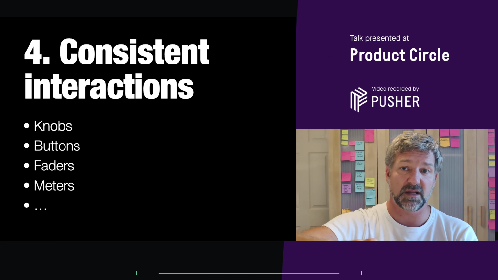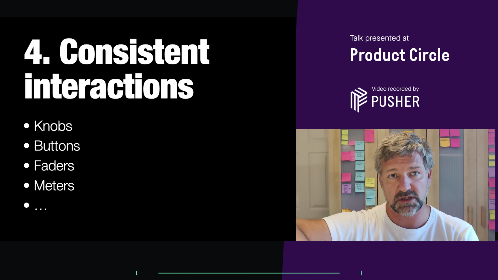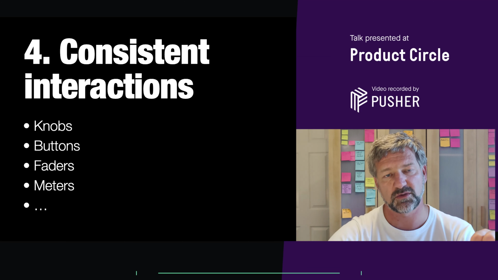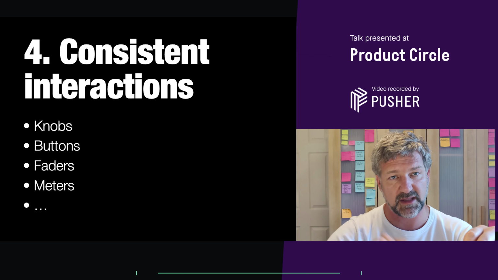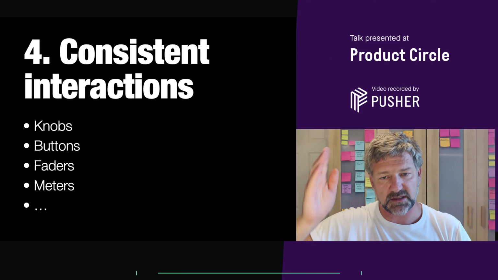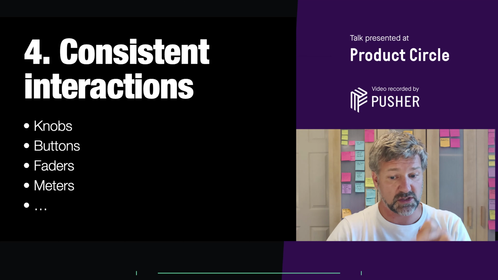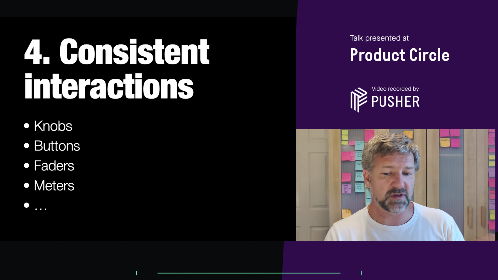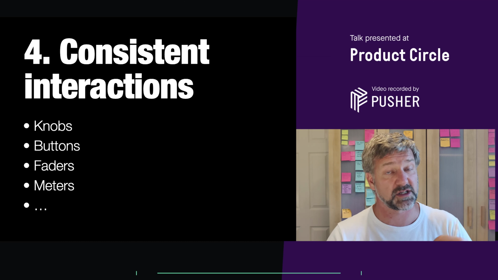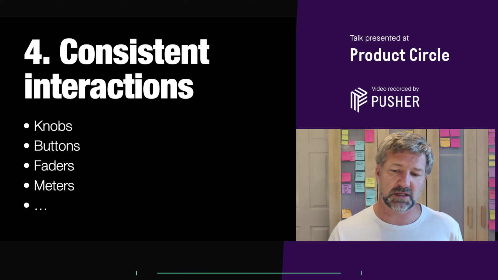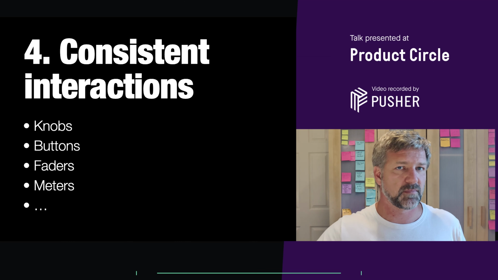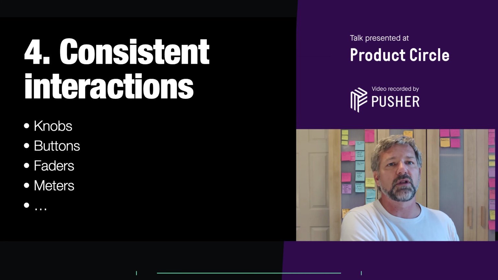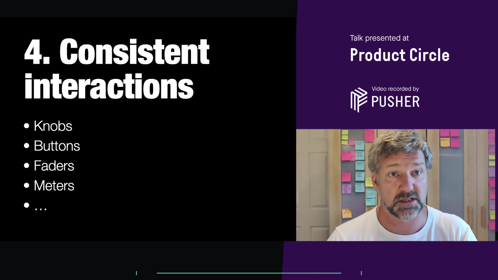If you move a fader in the hardware, the same movement is what you have to do to move a fader on the software. The meters, we saw before the meters that were moving, they should move in the same way between the hardware and the software. It is super important that everything is consistent all across the system.